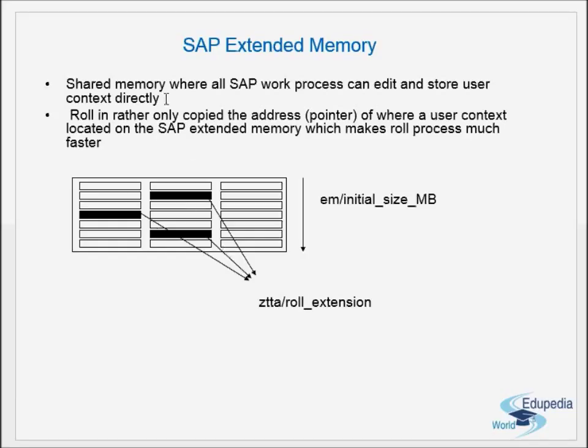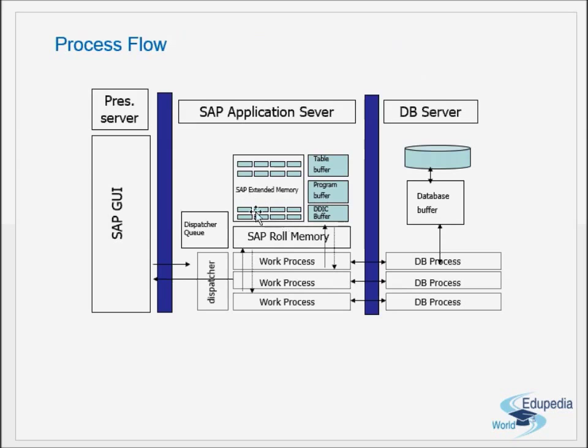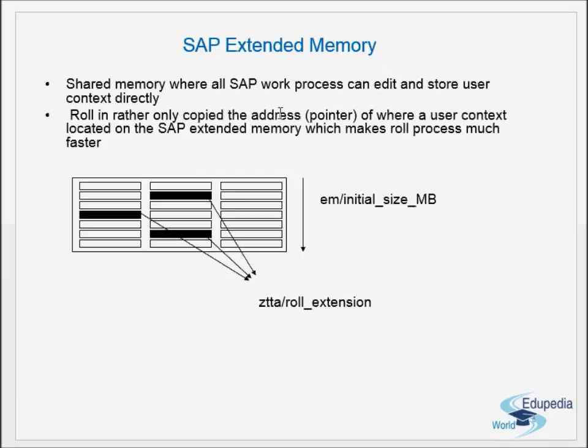In this picture we have the role memory and the extended memory. Here also the work process can store the user context and access it.